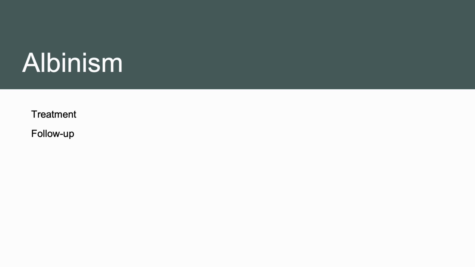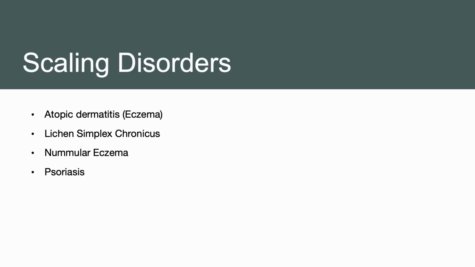For follow-up, recommend routine dermatologic and ophthalmologic evaluations, monitoring for skin cancer development, supportive care for visual impairments, and genetic counseling for affected families. Next, we'll talk about some common scaling disorders.